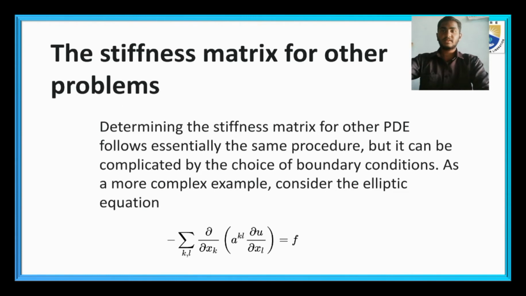The stiffness matrix for other problems. Determining the stiffness matrix for other PDEs follows essentially the same procedure, but it can be complicated by the choice of boundary conditions.